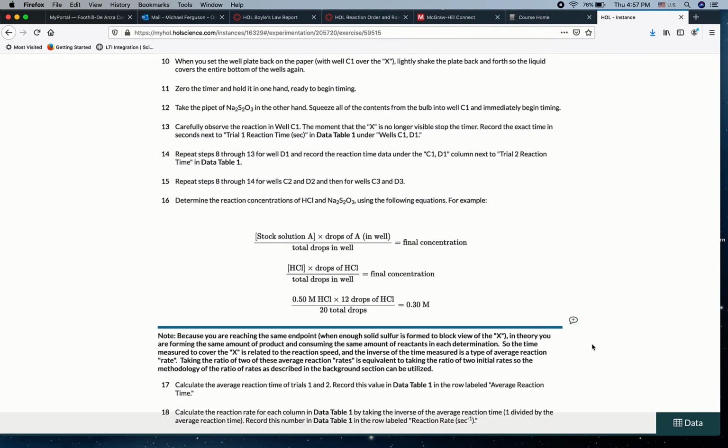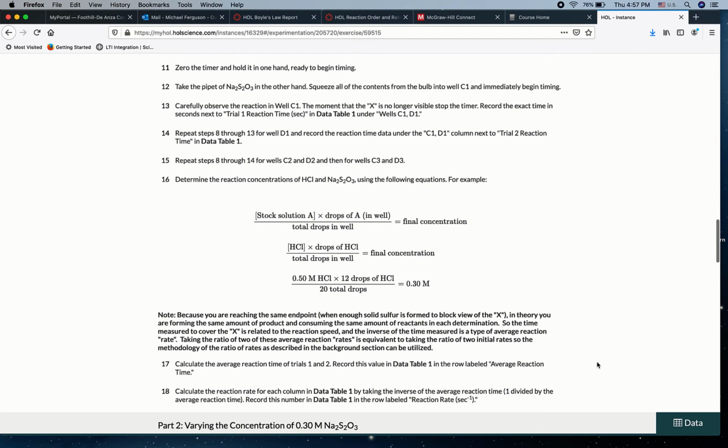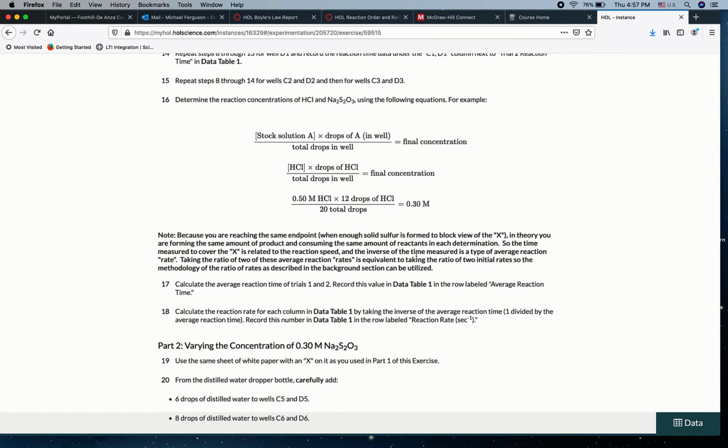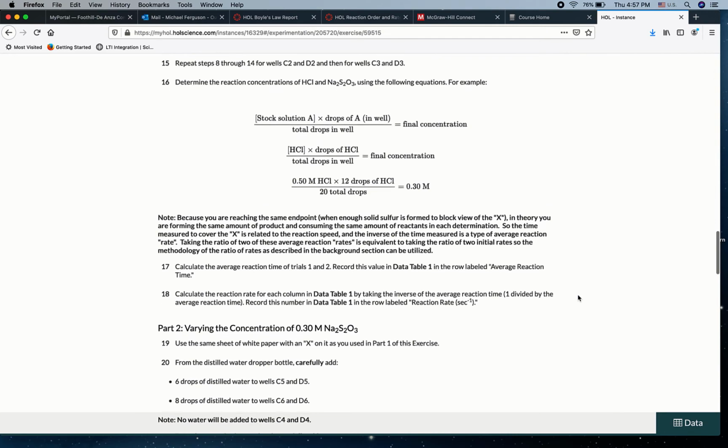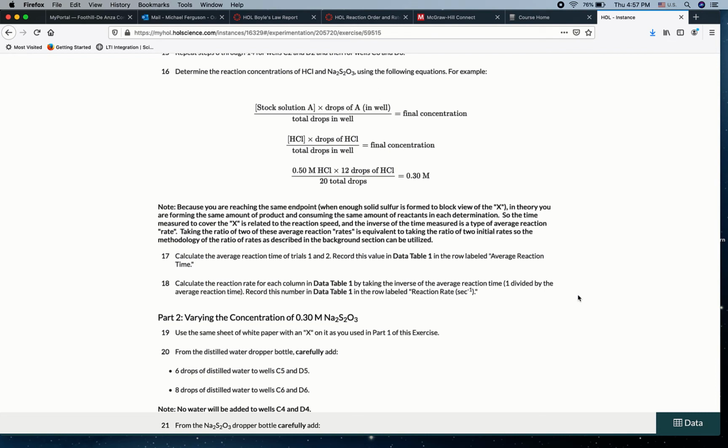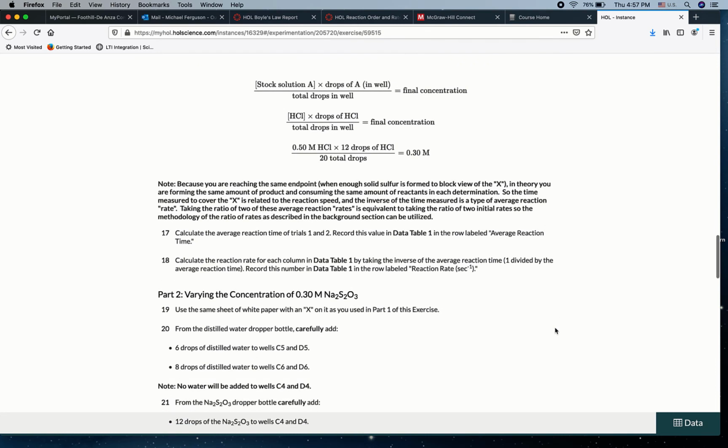And that's important, of course, when you're doing the calculations. Doing the two, averaging the two rates makes the data a little better. And then go through and put in the data table, and then calculate the rate for each.